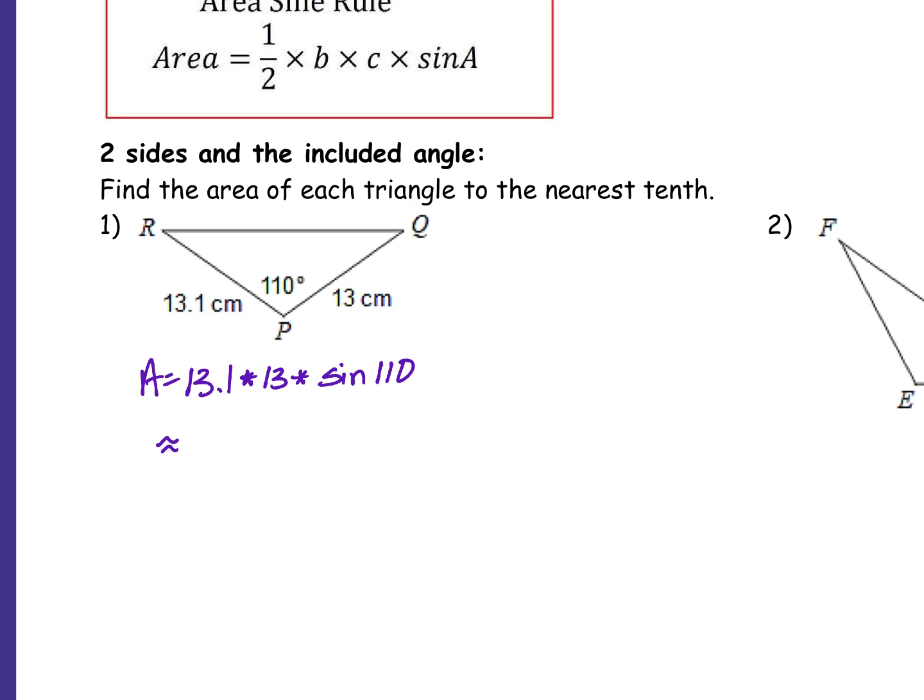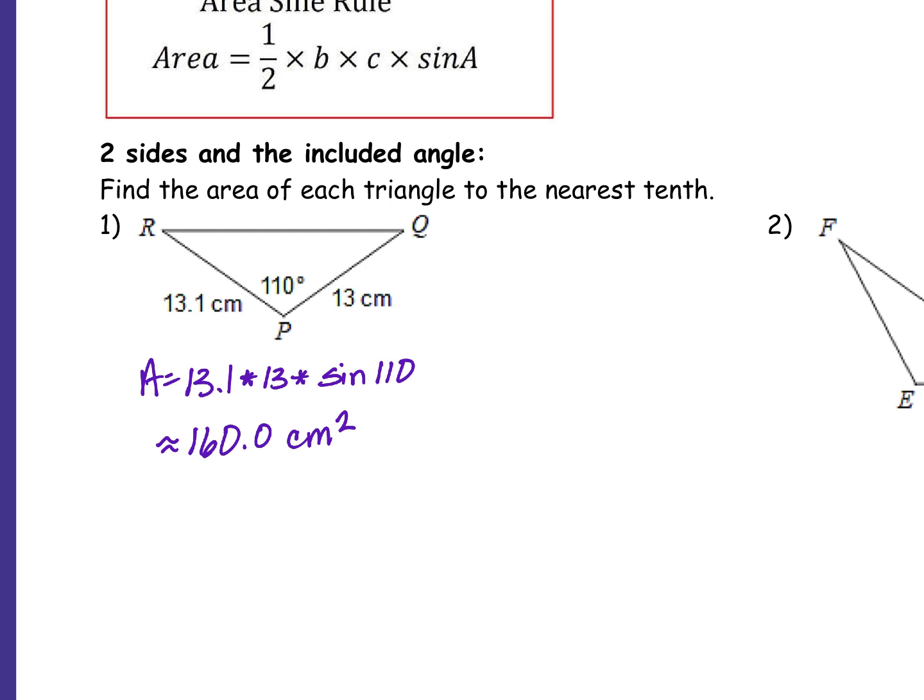Okay, so then I've got 13.1 times 13 times the sine of 110. Why did I put plus in there? Delete, times, beautiful. So 160.0 centimeters squared, to the nearest tenth.